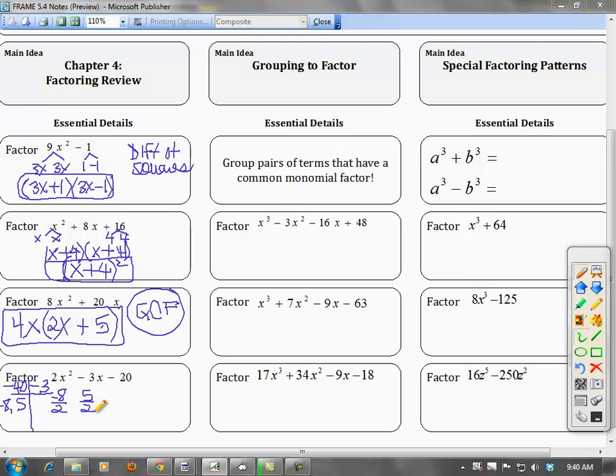And we reduced our fractions to get negative 4 over 1, and we put an x on the bottom. The 5 over 2 didn't reduce, so we just put an x on the bottom. So our 2 factors were x minus 4 and 2x plus 5. We're going to be using the snip method again at some point, but I wanted to make sure we reviewed one of each of those as we went through.